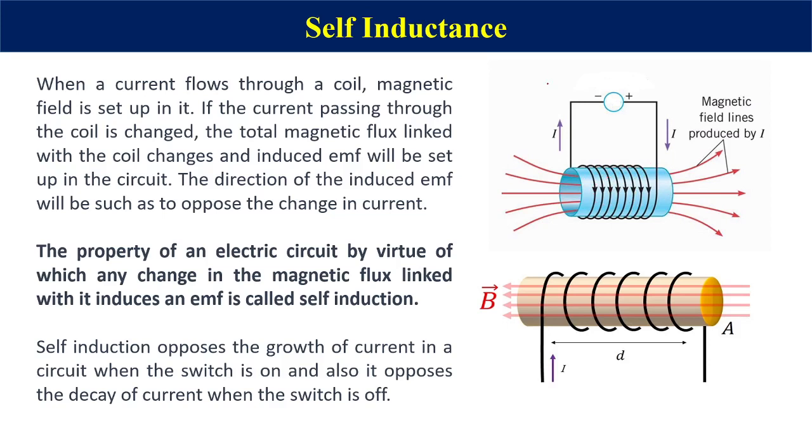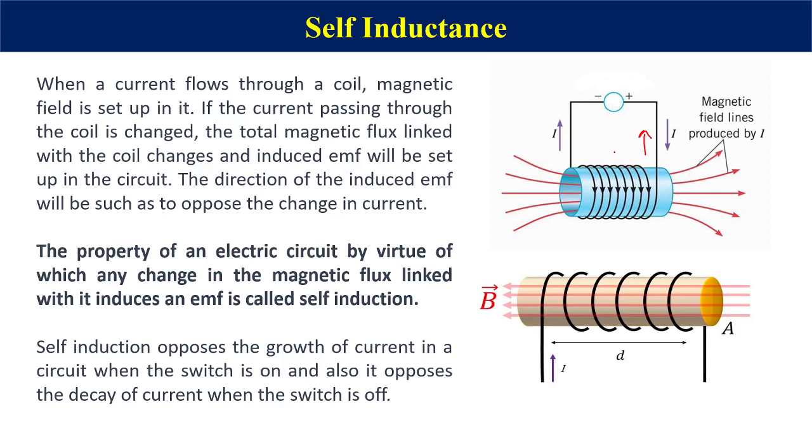Now if the current changes, if you either increase or decrease the electric current, in that case the magnetic flux linked with this coil will also change, and as a consequence there will be an EMF induced in this coil. And the question is, what is the direction of that EMF? The direction of the EMF will be such that the induced current, which will be because of the induced EMF, will oppose the flow of this current.